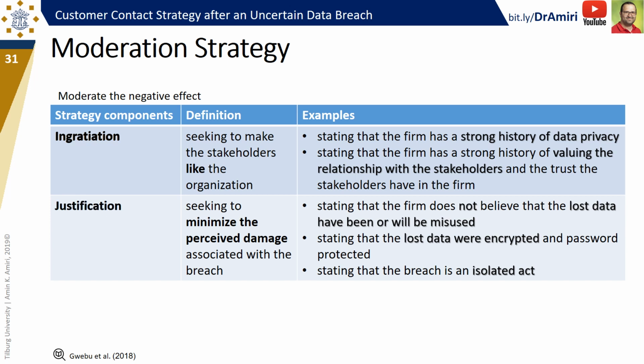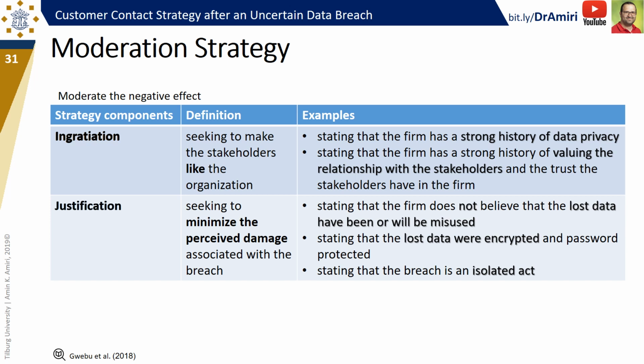A second approach to moderation strategy is justification, where you try to minimize the perceived damage. Here you try to communicate that the firm does not believe that the lost data have been or will be misused, or the lost data were encrypted or password protected, so the attackers cannot use the data.